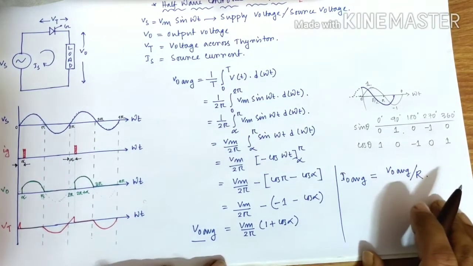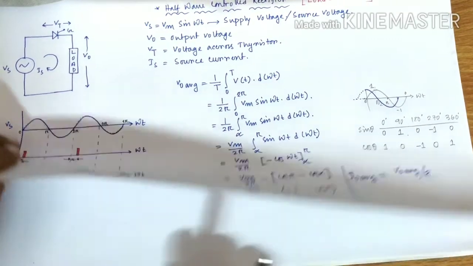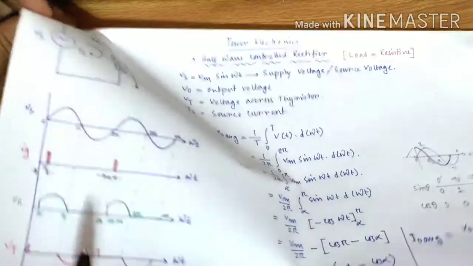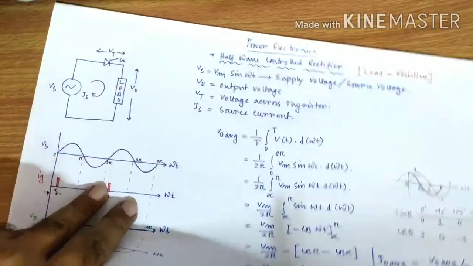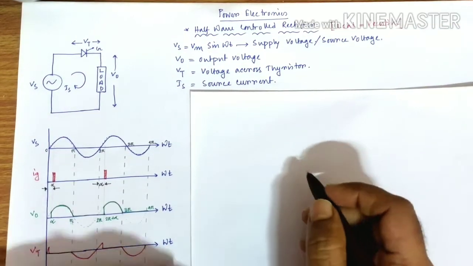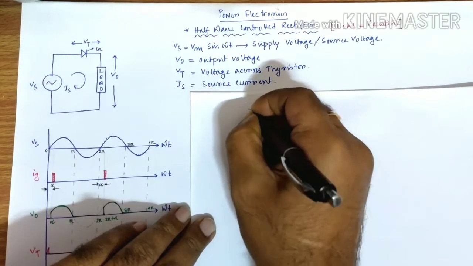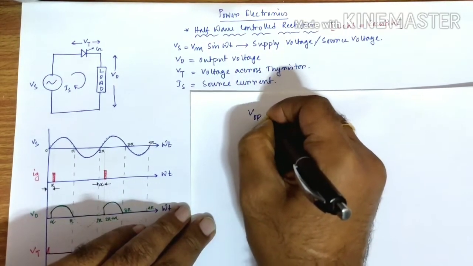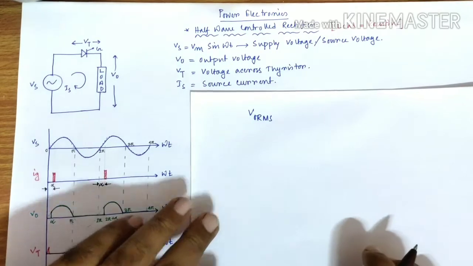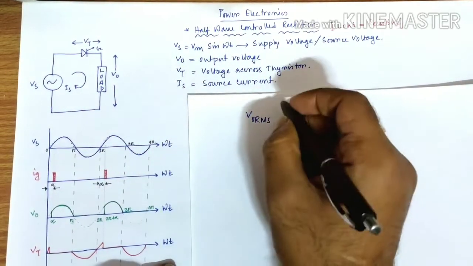Now the next one that we need to determine is the RMS value. So now the RMS value, that is the V naught RMS, that is the RMS value of the output voltage that we are getting from here.